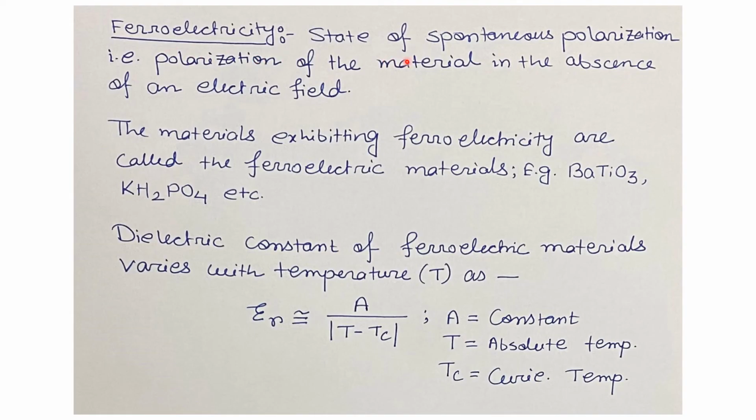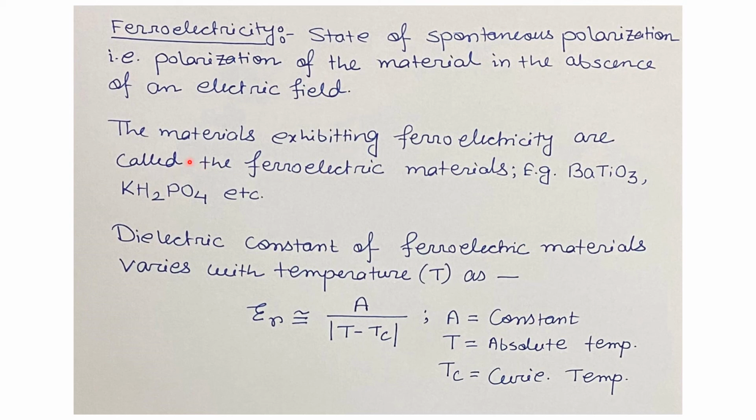Ferroelectricity is the state of spontaneous polarization in a material, that is, the polarization of the material in the absence of an electric field. So this ferroelectricity is analogous to the ferromagnetic property of a material, or ferromagnetism, which represents the state of spontaneous magnetization in that ferromagnetic material.